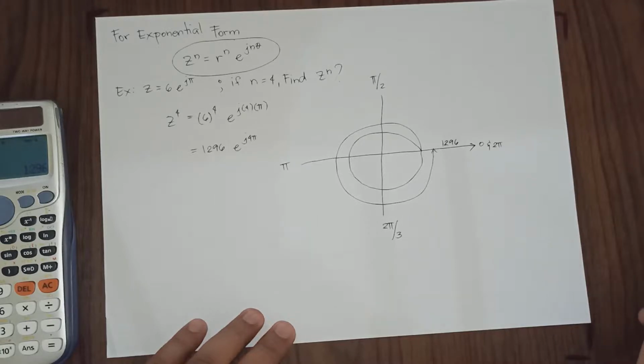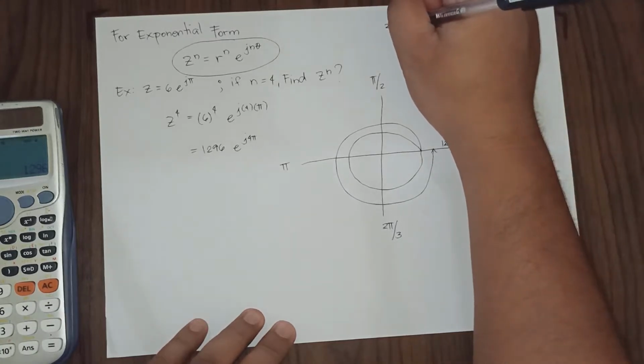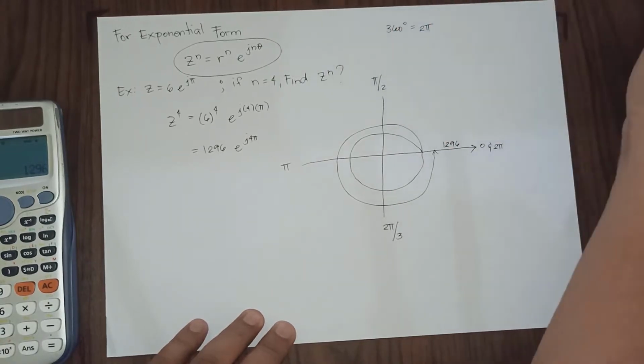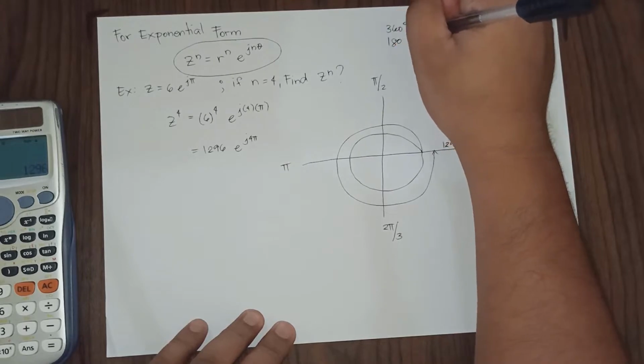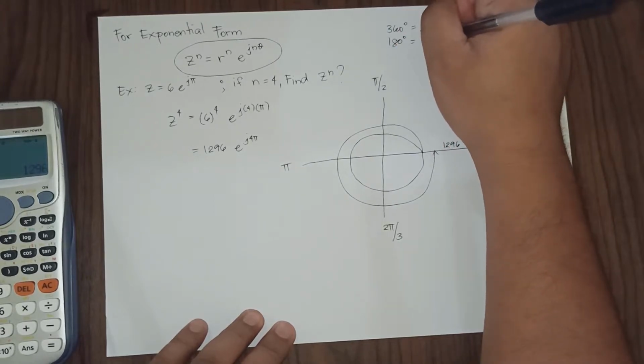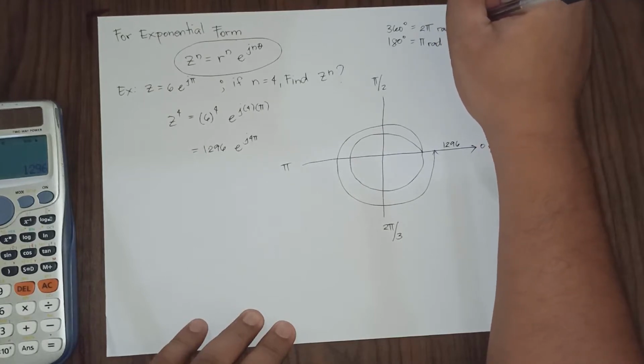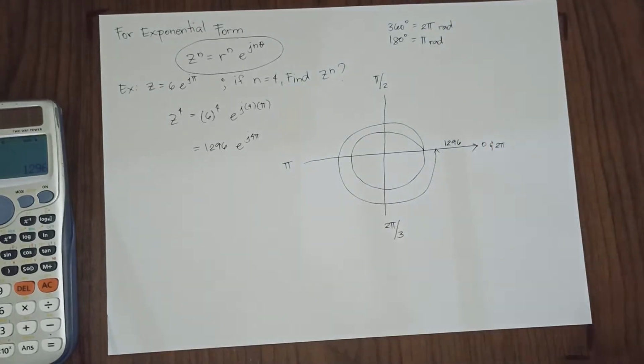If you think it's easier to see the direction in degrees, just convert the radian value into degrees. We have 360 degrees, that is equal to 2 pi, and half of it is equal to pi radian. That's it for the powers of complex numbers.